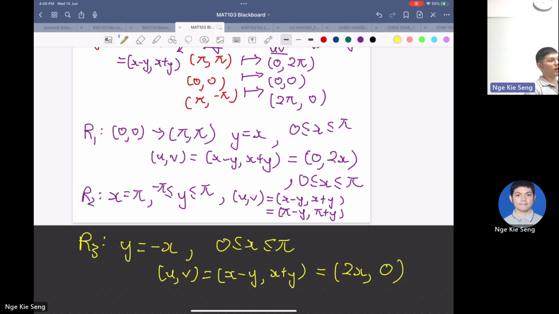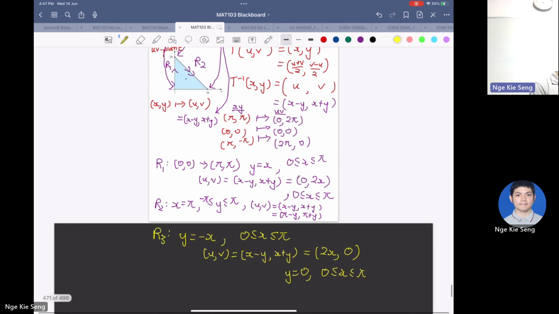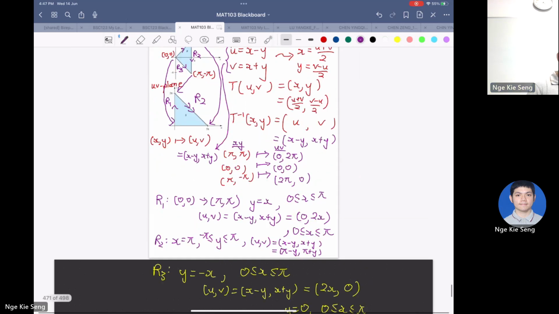So this is 2x and 0. The y coordinate is always 0, so this is a line, y equals 0 from 0 to pi, which is exactly this horizontal line here.